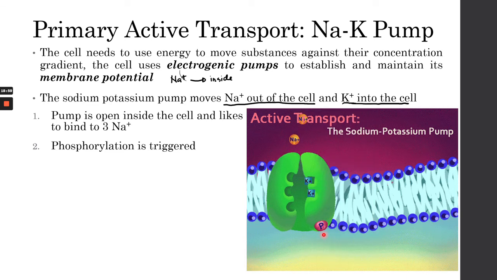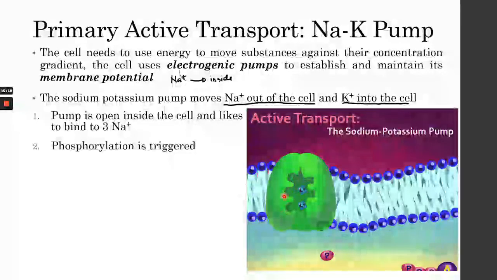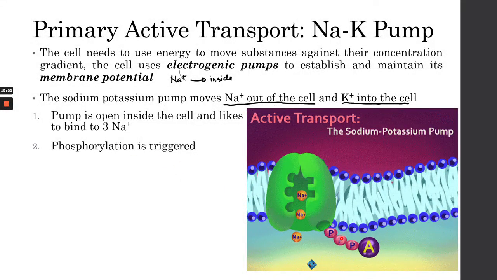So mangyayari, may iwan yung isang phosphate doon sa ating pump. And then, matatanggal yung adenosine diphosphate. Diphosphate na lang, ADP, kasi dalawa na lang yung phosphate na natira. So yung isang phosphate group may iwan dun sa pump kasama ng tatlong nakabind na sodium. So that's what we call a phosphorylation.